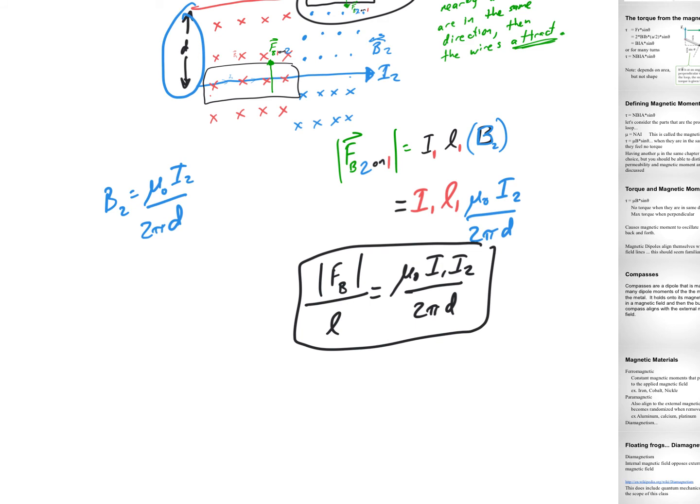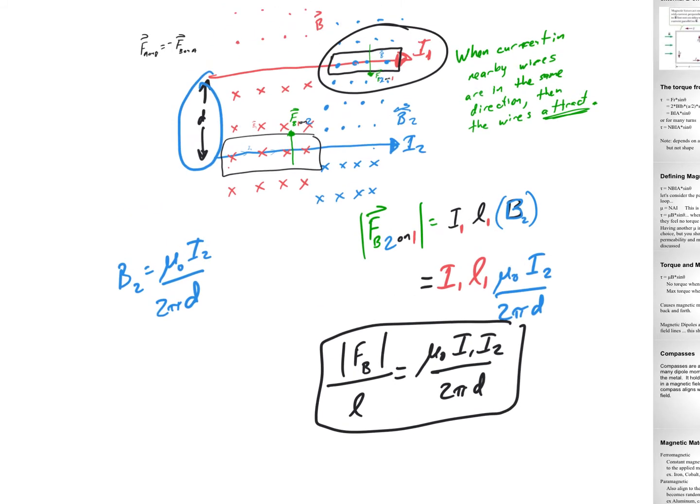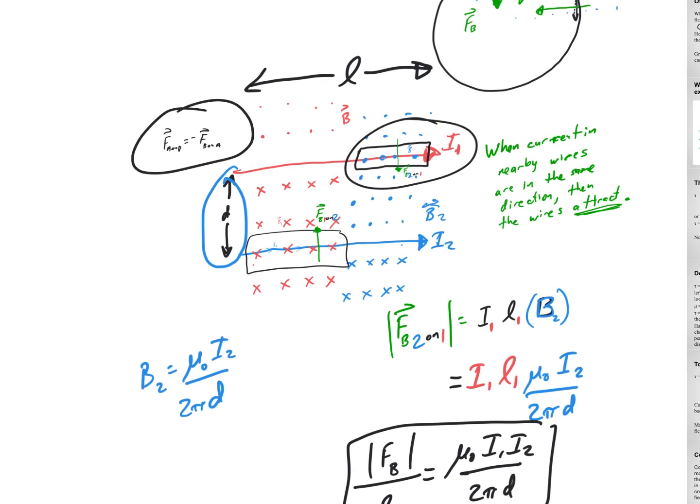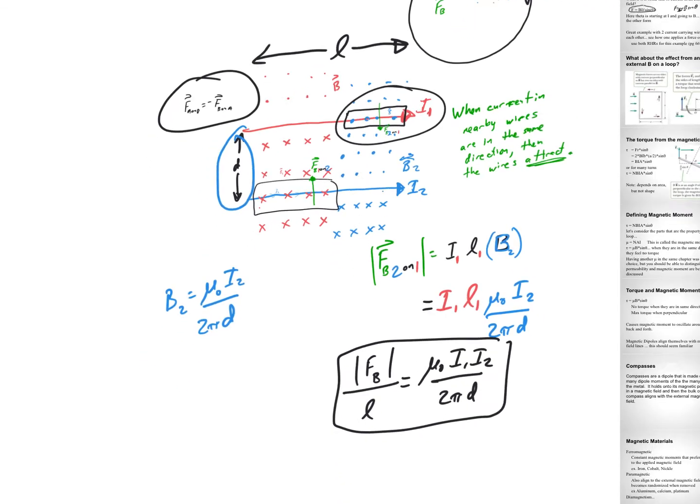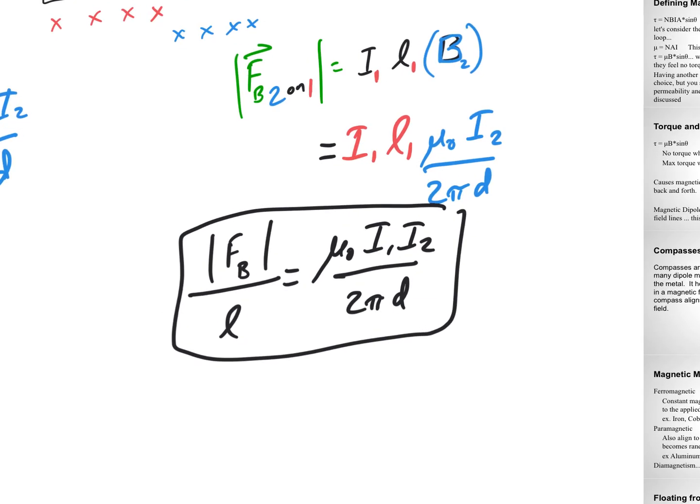That way I don't have to worry about the directionality, and the magnitude of those two are the same because they're Newton's third law pairs. So 2 on 1, 1 on 2, same magnitude. So we can use that to find out just how much force is pulling these two together.